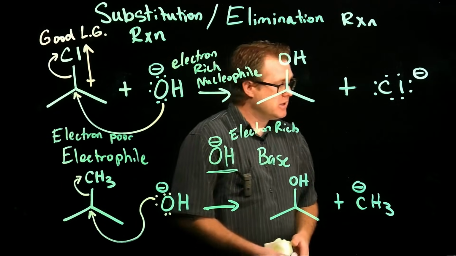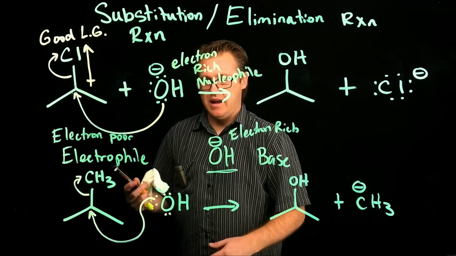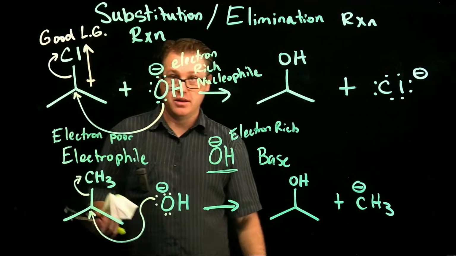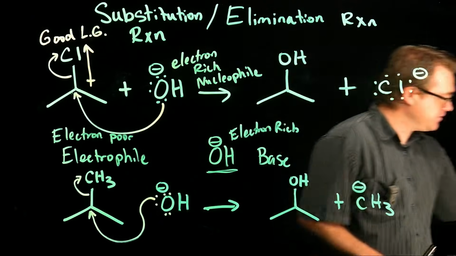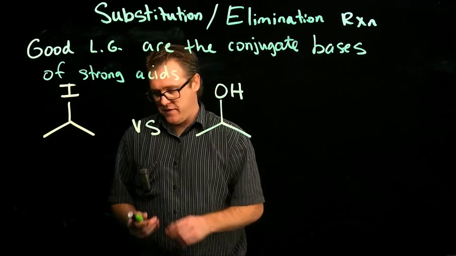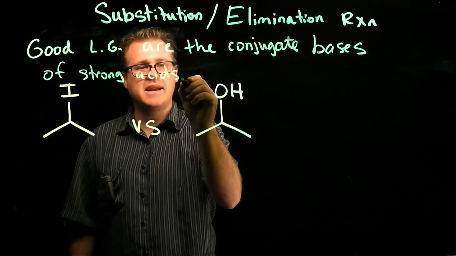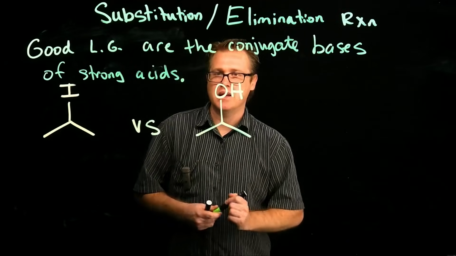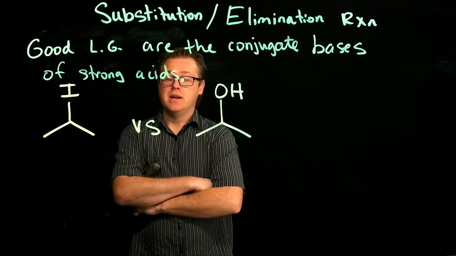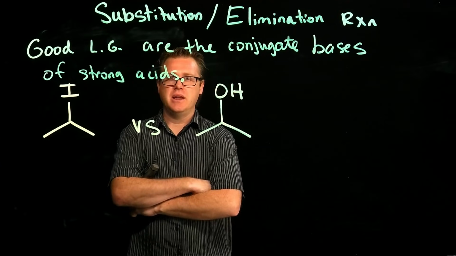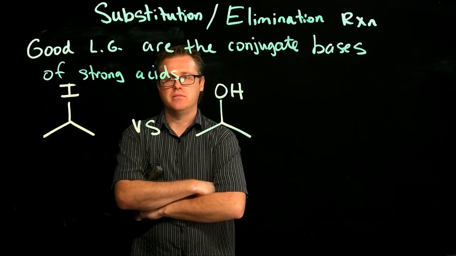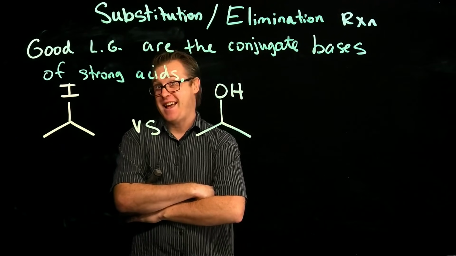Okay? So how do you know if a group on a molecule is a good leaving group? Here is the statement that will tell us if a leaving group is good or not. It says, good leaving groups are the conjugate bases of strong acids. Okay, that's the answer.